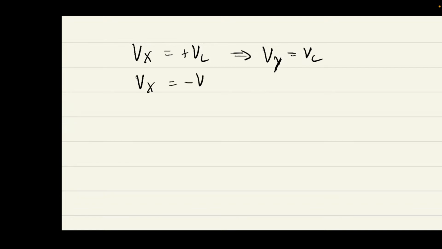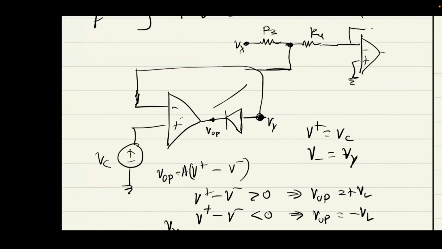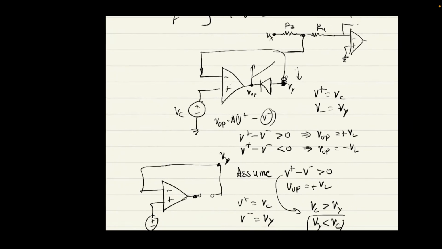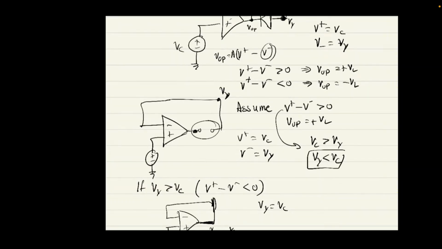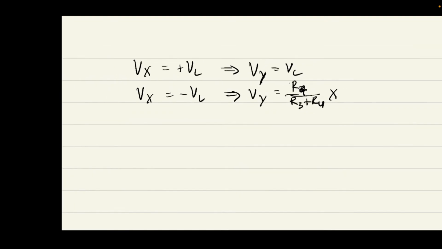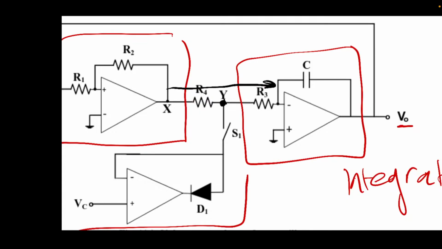And if Vx is negative VL, well, this voltage here is going to be negative, which means this is going to be positive, which means this is going to be a high voltage, which means it's going to be an open circuit at the diode, which means that Vy will just be, as usual, the voltage division R4 on R3 of Vx. So it's going to be voltage divided across here.